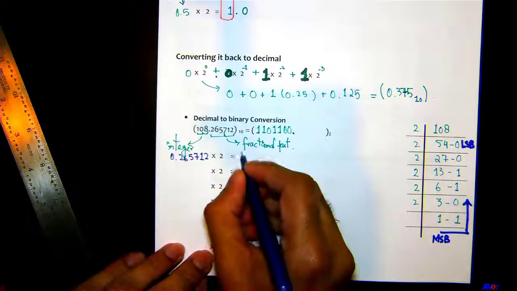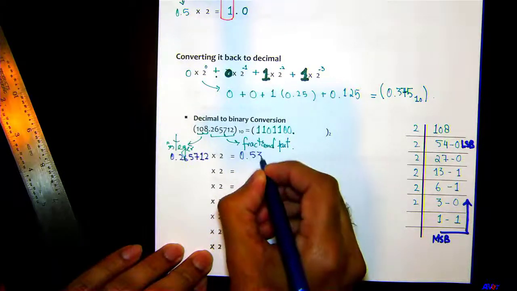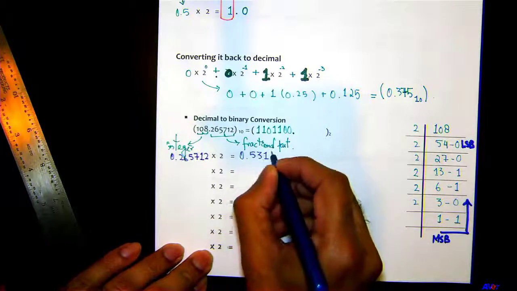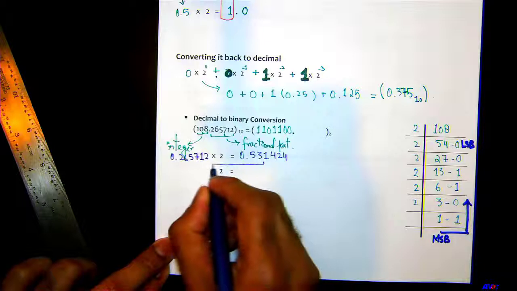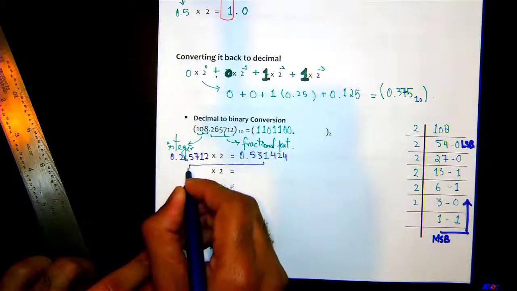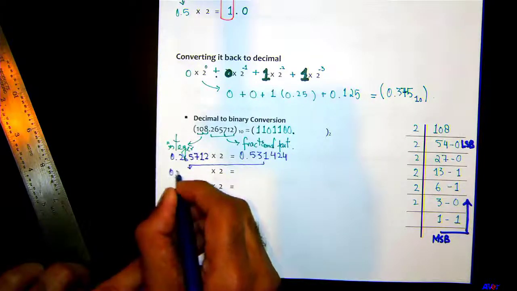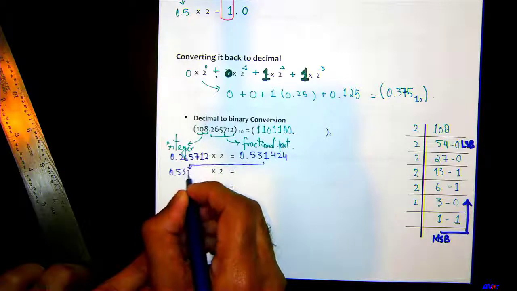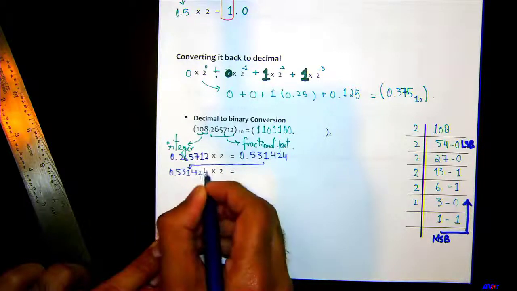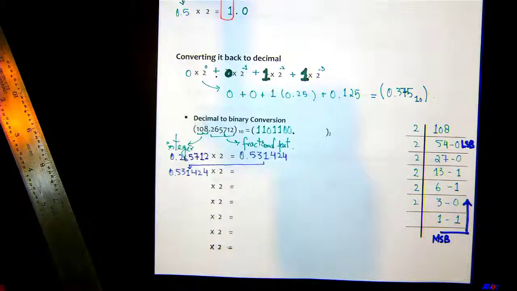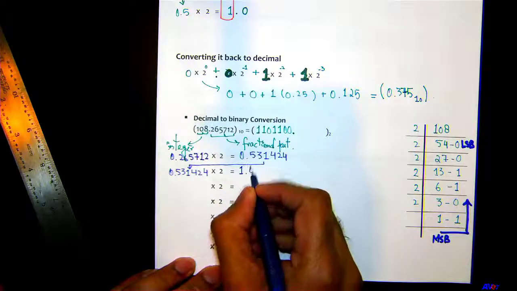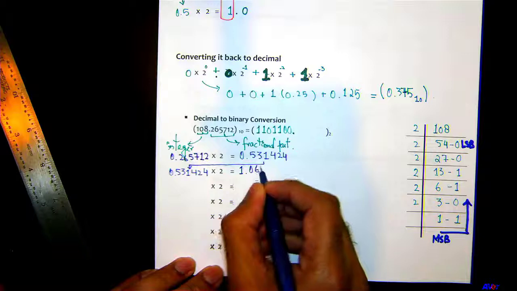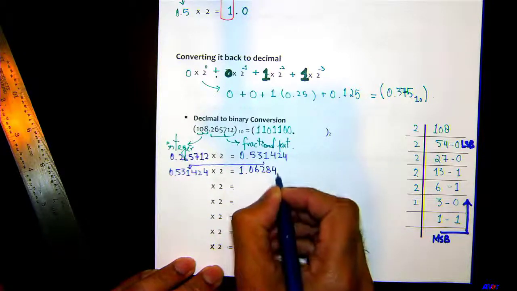So you get 0.531424. You take this fractional part here, put it back here, 0.531424 times 2. You get 1.062848.